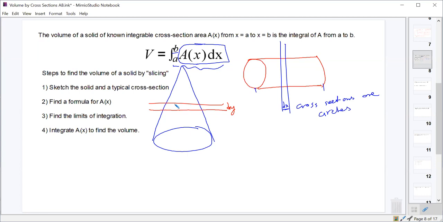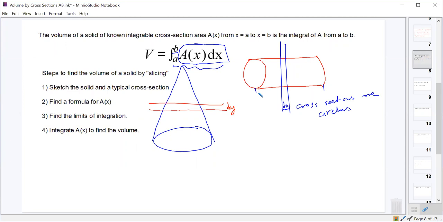So here's where the problem sort of starts. In the cylinder, each of these circles was exactly the same area. True? So it's very easy. Find the area of the circle, multiply it by dx, integrate, get your volume, right?